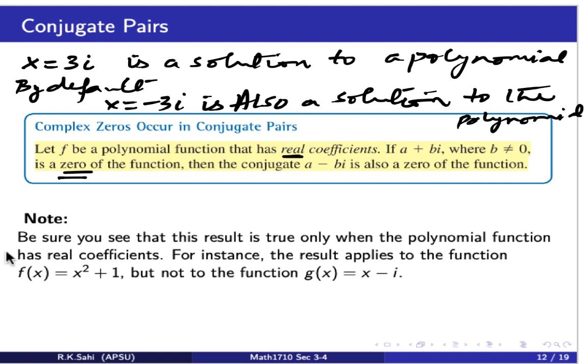Let's look at this classic example, f of x equals x squared plus 1. Now for x squared plus 1, automatically we know minus i and positive i will be the solutions. But if I have a function like x minus i, oh no, this one does not apply, okay?